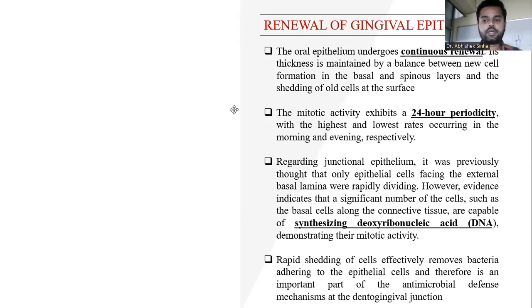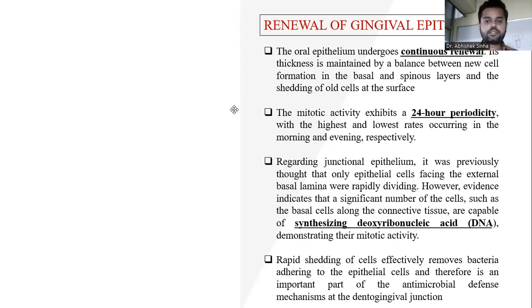Regarding junctional epithelium, it was previously thought that only epithelial cells facing the external basal lamina were rapidly dividing. However, evidence now indicates that a significant number of cells, such as the basal cells along the connective tissue, are also capable of synthesizing DNA, demonstrating their mitotic activity.